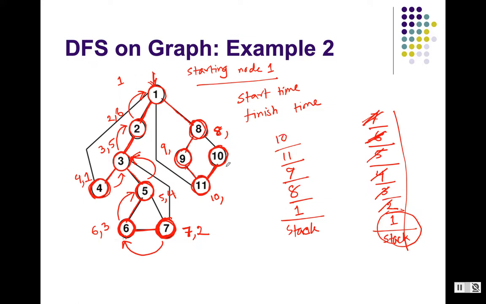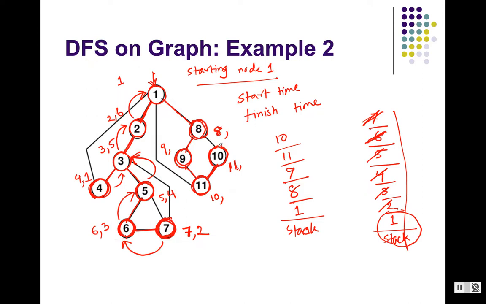For node 10 the visiting time will be 11. Let me go over it again. From node 1 we are visiting nodes 8, 9, 11, and from 11 we are visiting node 10, and the visiting time is 10 plus 1, 11.